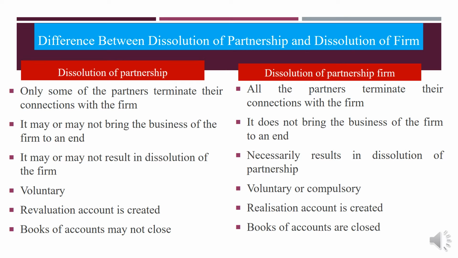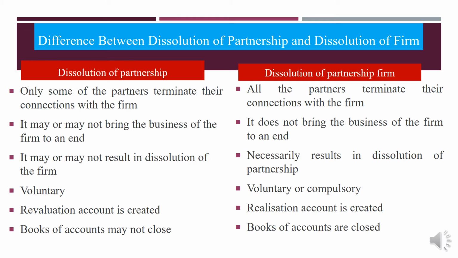Next point: dissolution of partnership may or may not result in dissolution of the firm, whereas dissolution of the partnership firm necessarily results in dissolution of the partnership. So this leads to dissolution of partnership, whereas the other may or may not lead to dissolution of partnership firm.